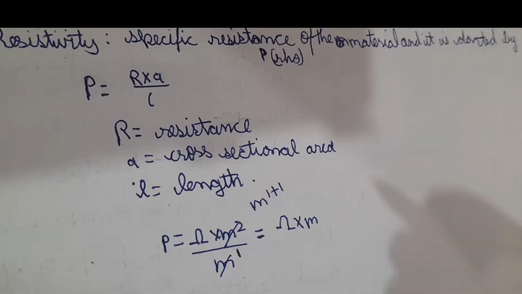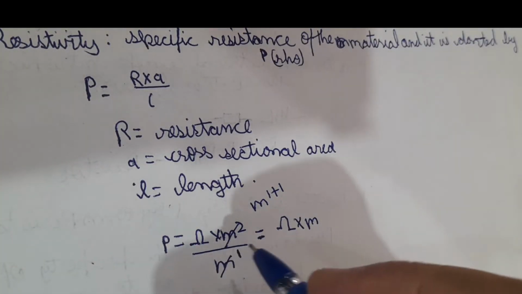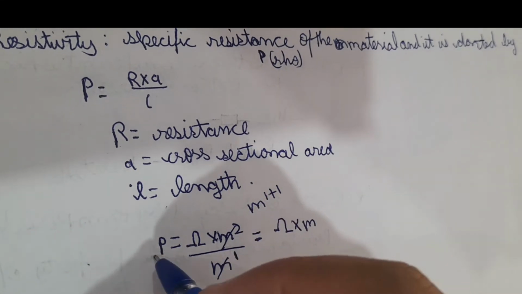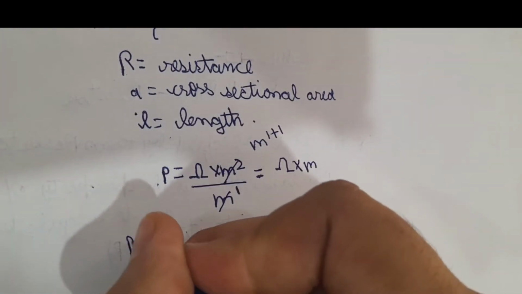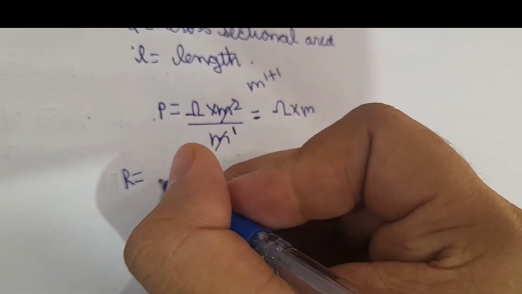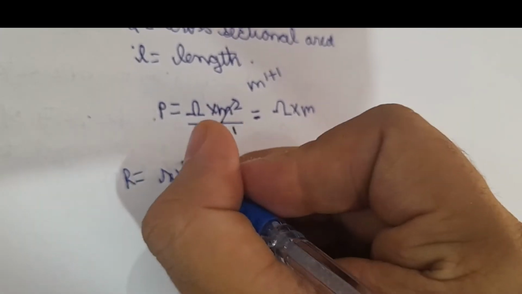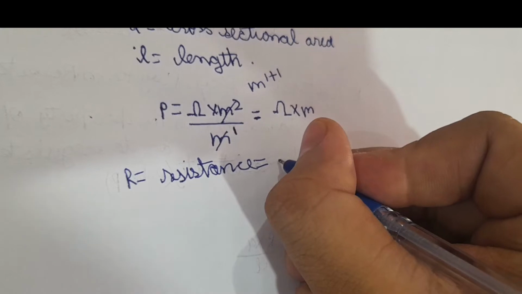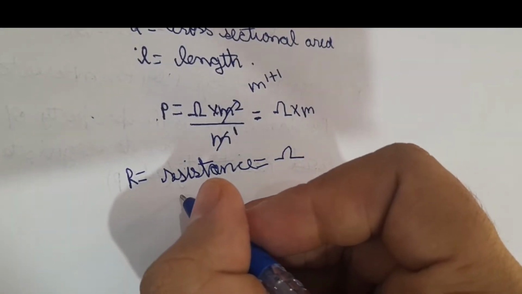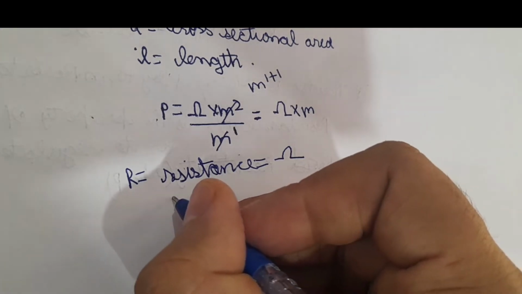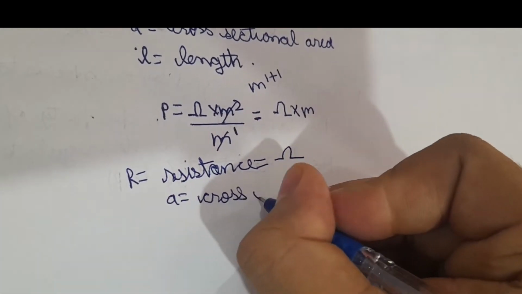If we substitute the units of the various quantities, what do we get here? Rho is equal to ohm. Resistance has the unit ohm. What is the unit of cross sectional area here?